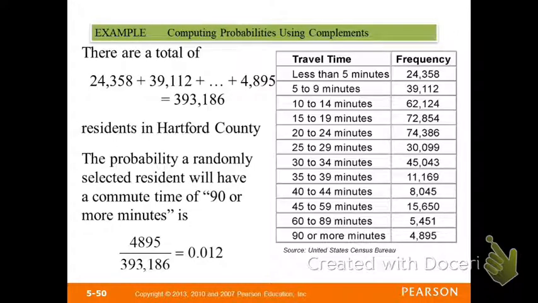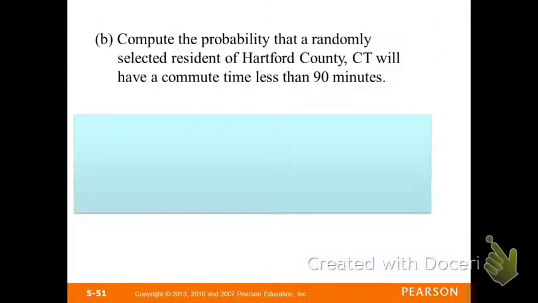or 0.012 probability. Okay. Now, we've not referenced any complements yet, but here's where that's useful. Compute the probability that a randomly selected resident of Hartford, Connecticut will commute less than 90 minutes.